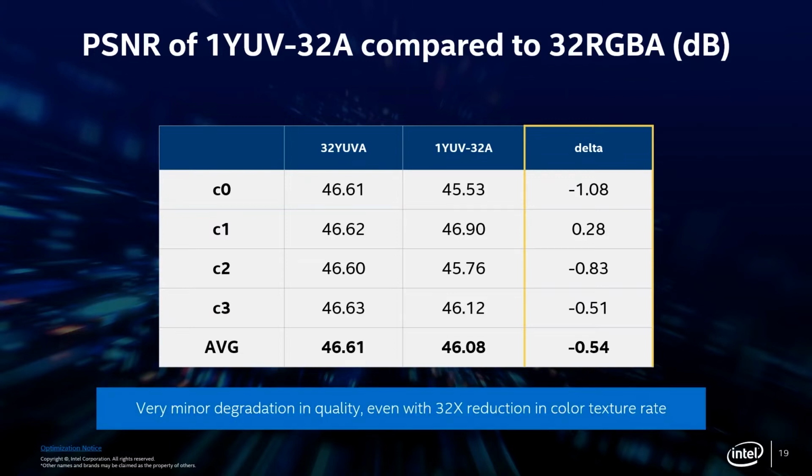And this is an important result because we got a very minor degradation in quality, even though we reduced the color texture rate by a factor of 32x. So this is significant.